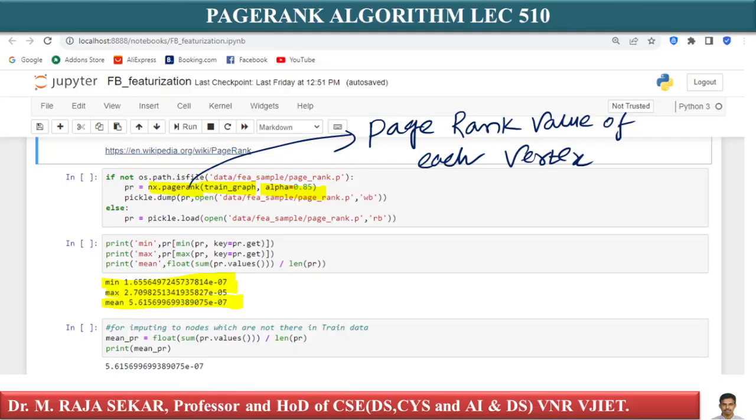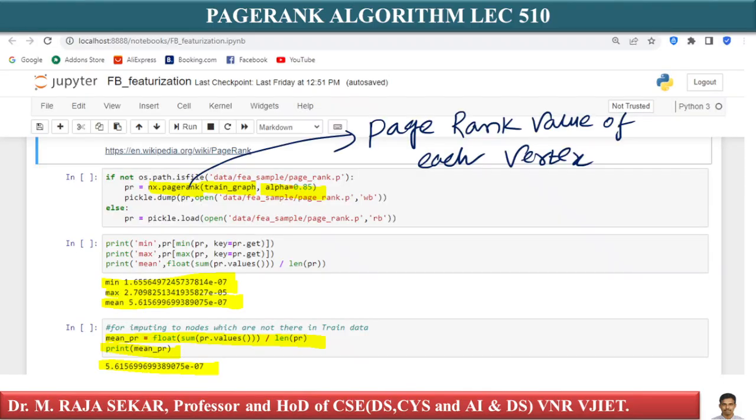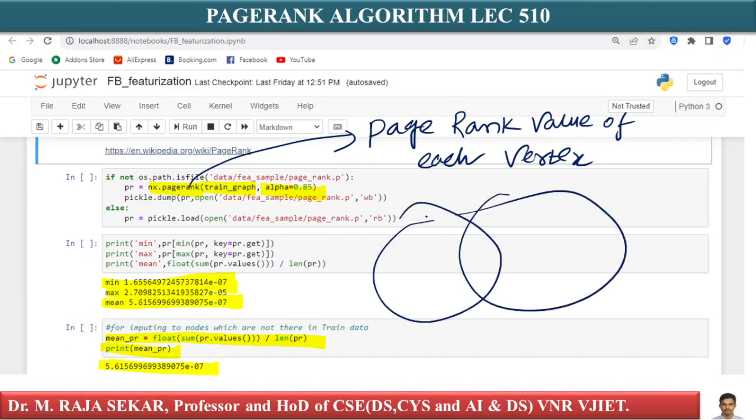We are also imputing values for those nodes which are not there in the training data. We would simply use the mean value, because you remember there are some vertices that are not there. Let me say this is training data and this is test data.